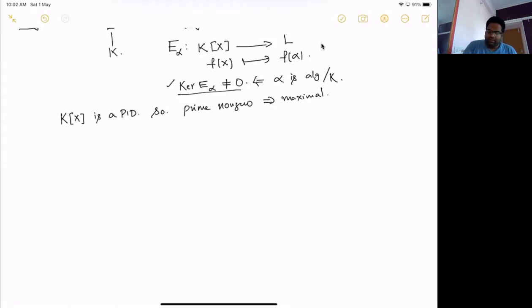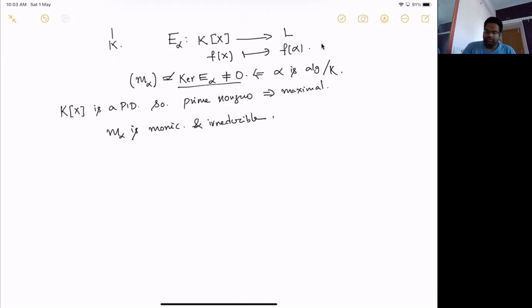And we can ensure that this maximal ideal is generated by some polynomial M alpha, where M alpha is monic. And since the kernel of E alpha is a prime ideal, it implies M alpha is also irreducible.